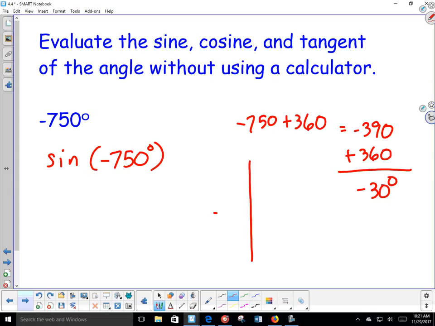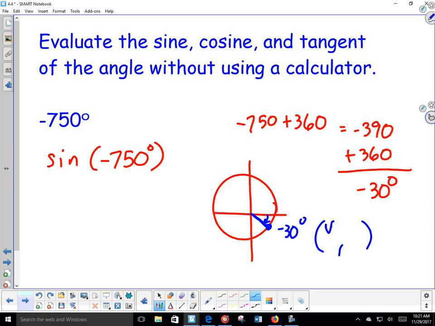So on our unit circle, we know that negative 30 degrees would be down here, and that ordered pair is square root of 3 over 2 comma negative 1/2. So our sine value then is going to be what? Negative 1/2.